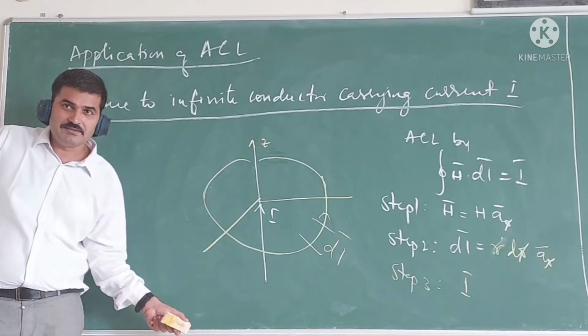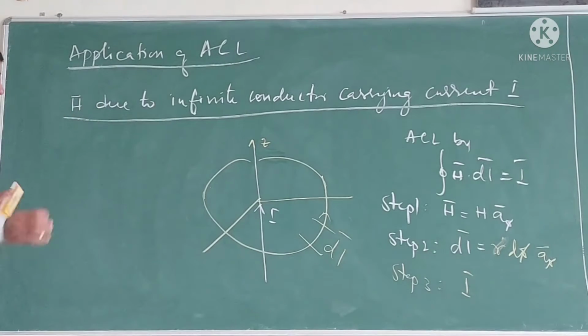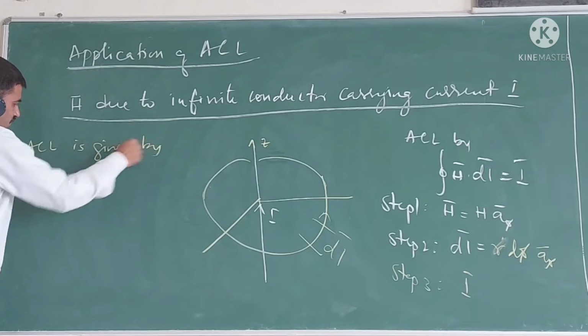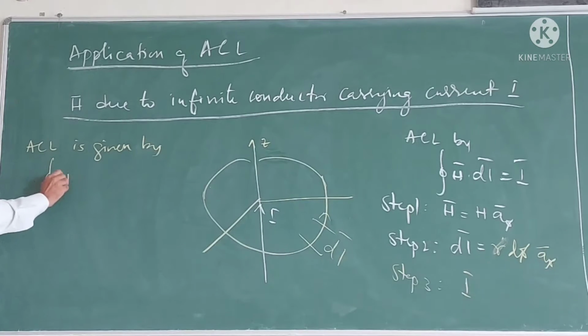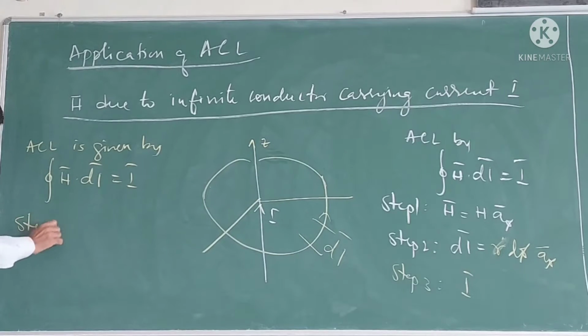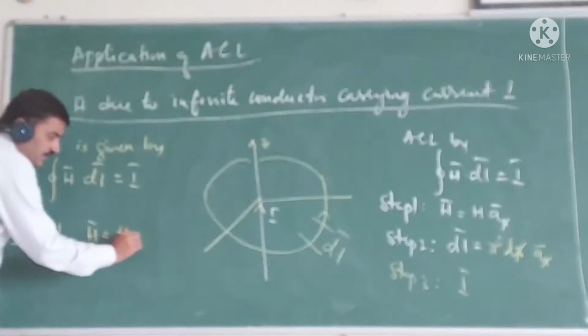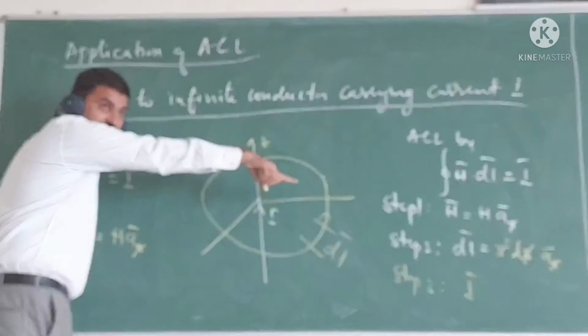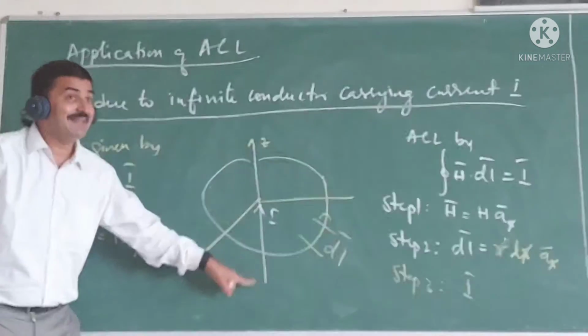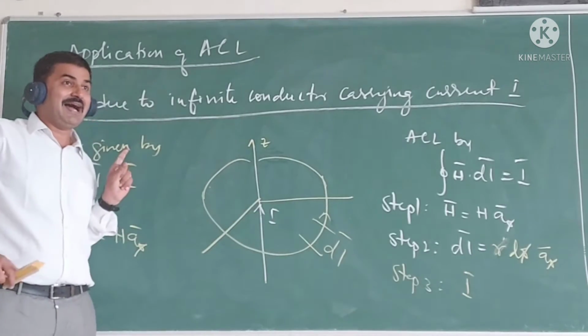Ampere's circuital law is given by this. Then what is step 1? For this figure, H bar is equal to H a phi. That is generalized, with respect to this application because I took an infinite length conductor carrying current I.